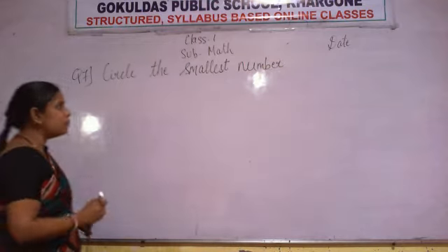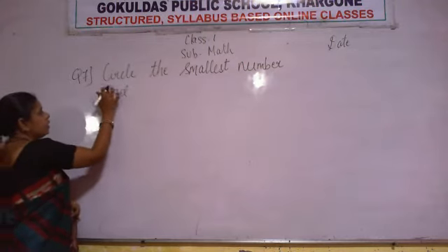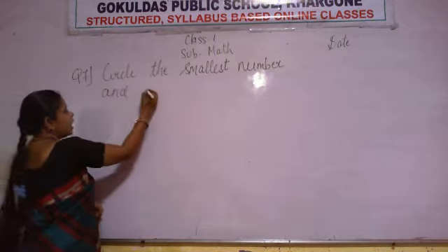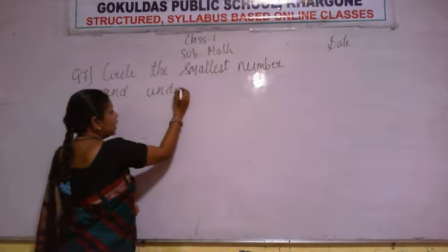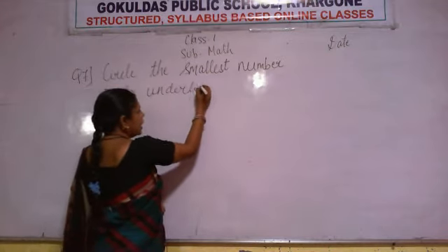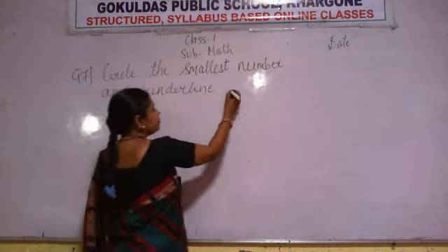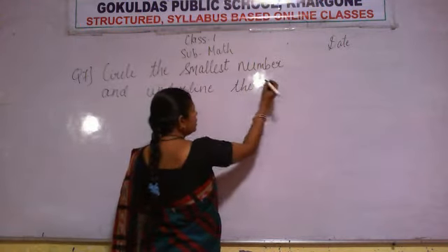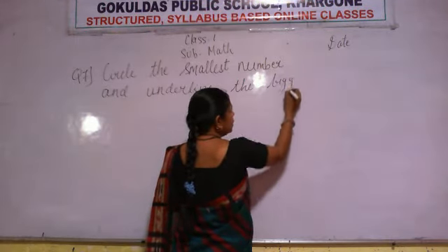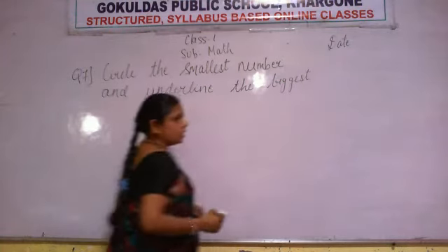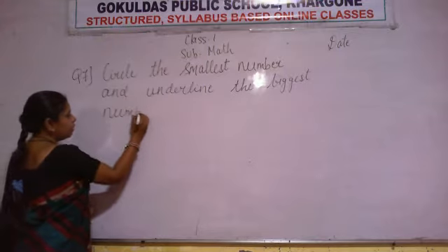Circle the smallest number and A-N-D, and underline, U-N-D-E-R, L-I-N-E, underline the biggest, B-I-G-G-E-S-T, biggest number, N-U-M-B-E-R.